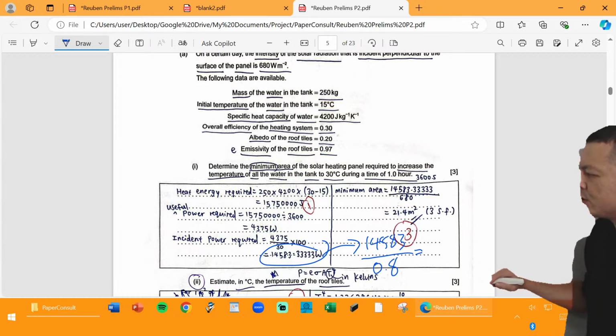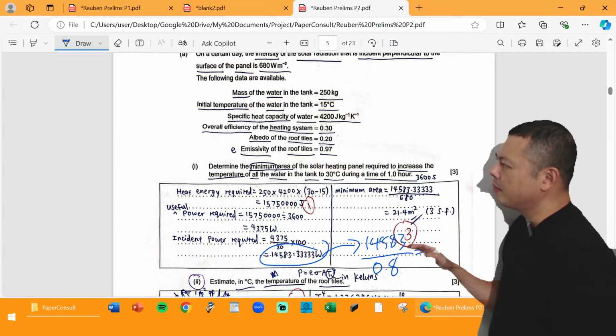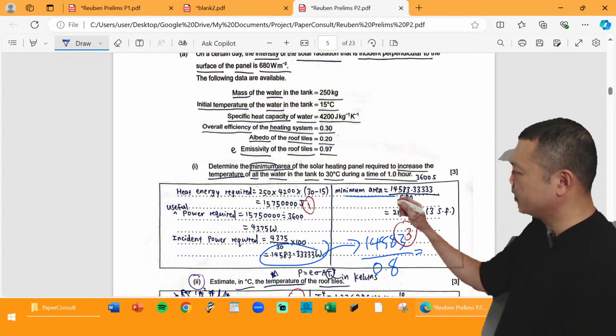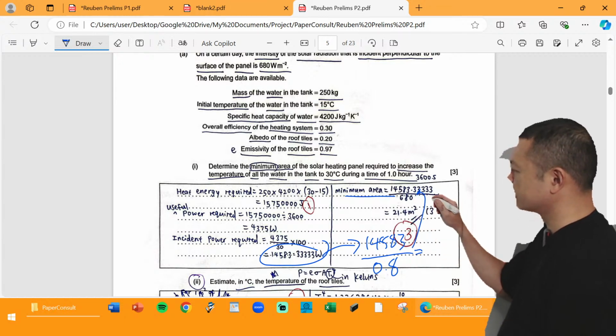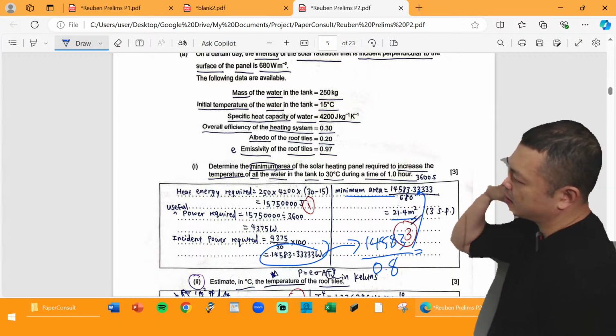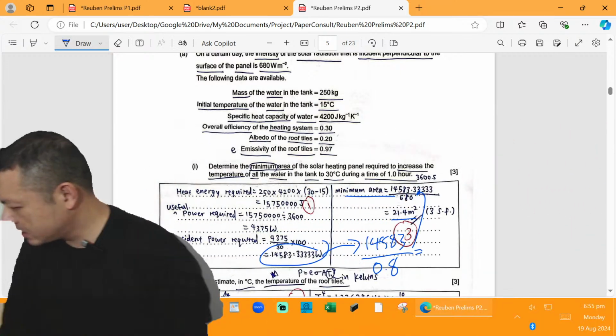The sun needs to provide more power because 20% of the sun's power will be reflected away. Then the minimum area will be this divided by 680. So I think you're missing the albedo part. The teacher also.